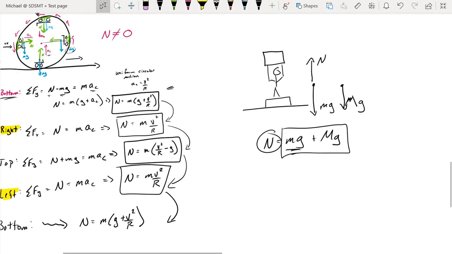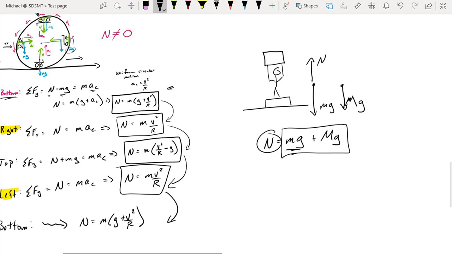So the normal force, obviously if you were to get on that scale and maybe you start jumping up and down on the scale, you're going to see that needle bouncing back and forth all over the place. It's not going to give you a correct register of what your weight is. And that's because the scale is constantly measuring the counter force.